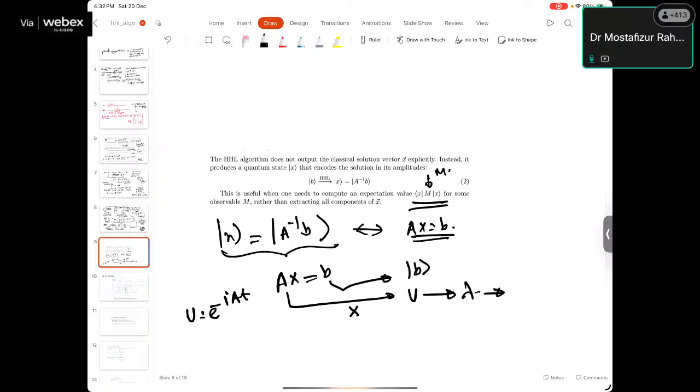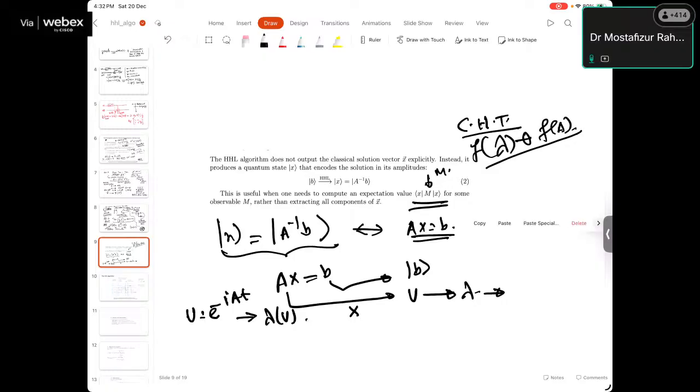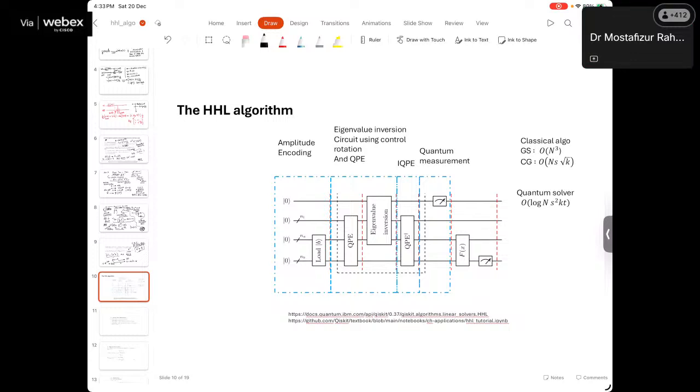I mentioned the Cayley-Hamilton theorem: if you know the lambda, you know certain properties of the matrix for sure. The characteristic equation you can always express for the matrix with its eigenvalues. Hence inverting a matrix is related to inverting just its eigenvalues, 1 by lambda. So is there a quantum protocol which can calculate this? That is the objective of the HHL algorithm, in simple words. Now, how to do this part?